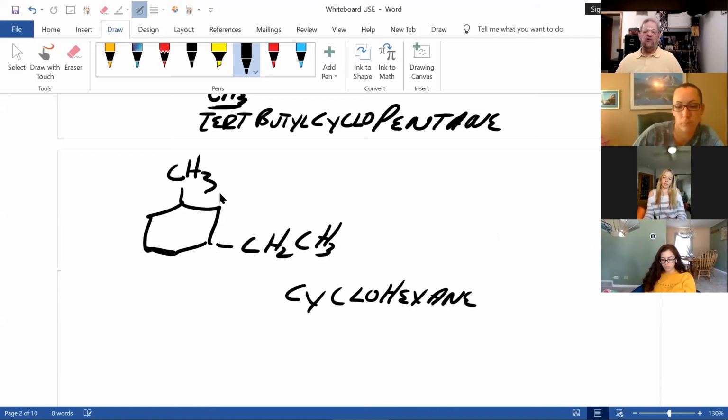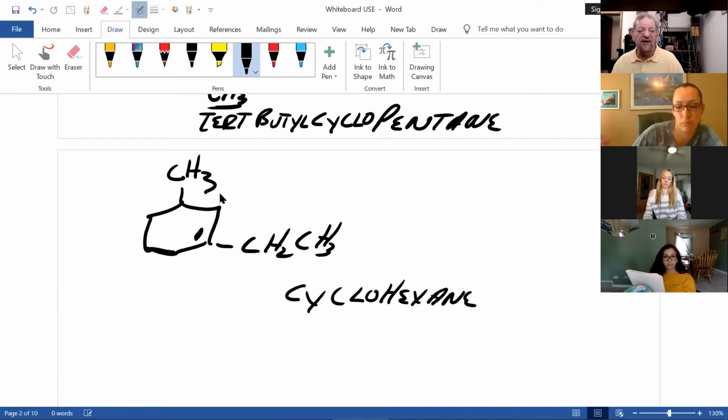Now, you number the substituents so they get the lowest number. One of these will always be 1, the other will be the other number. Now, IUPAC has a rule which I will not hold you to, and that is the alkyl group with the highest alphabetical priority gets the lowest number. Therefore, this should be 1.